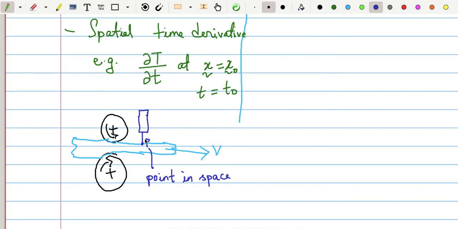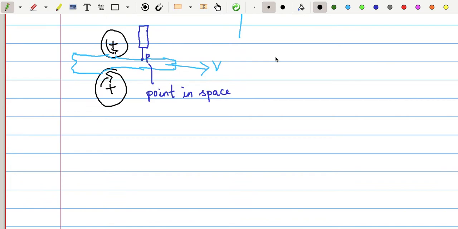So if I am using an infrared sensor in order to monitor the temperature of this point P, and I then look at a plot of temperature at point P in space as a function of time, let us say for whatever reason the temperature is fluctuating like this.